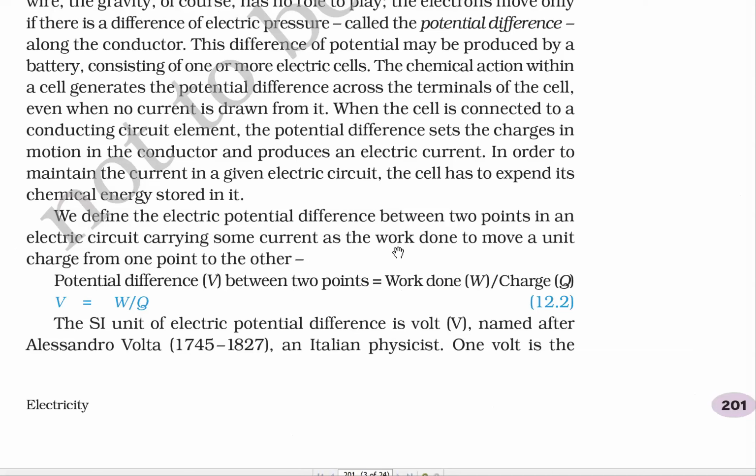Unit charge means charge whose value is 1. Only a single unit charge. Unit means 1. So the work done to move a unit charge from one point to another.